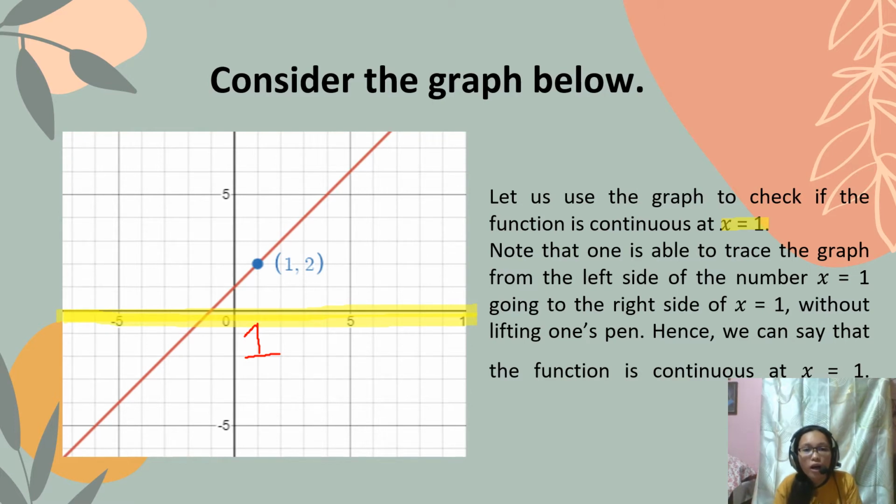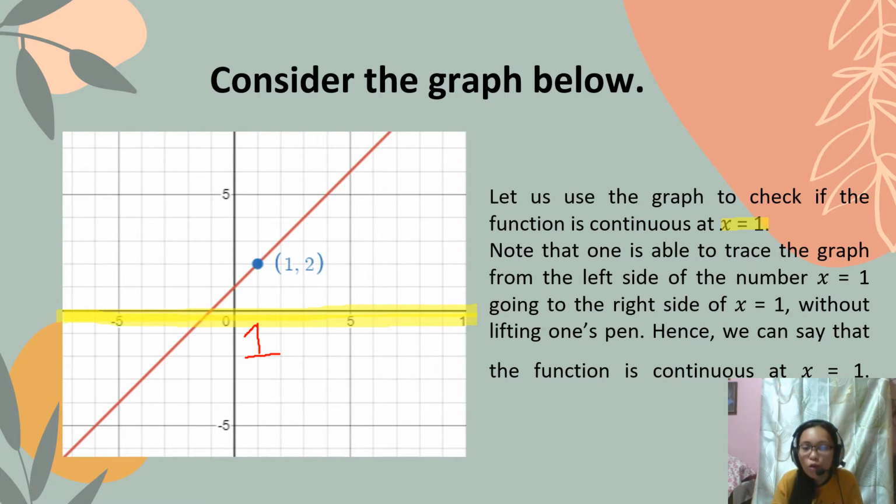Now, this is the explanation, but to make it simpler, when you try to trace the graph from the left of 1 and from the right of 1, from the left going to the right of 1, obviously, if you trace it, there is no hole.